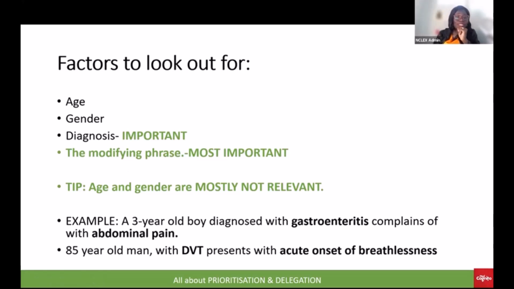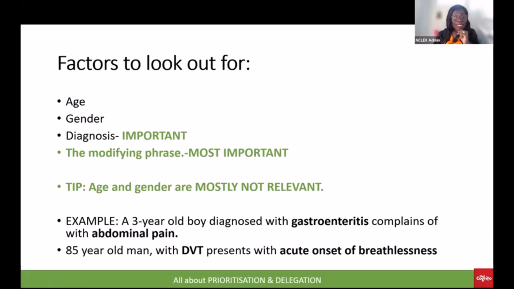So when you meet such a question, remember that most times the age and the gender are not the most relevant key points to look at. The diagnosis is important, but the most important will be the modifying phrase.